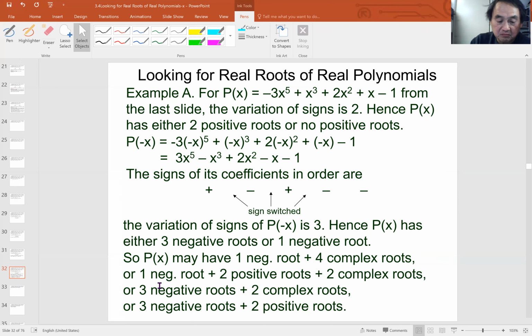And I could have all the other cases. For example, I could have all 3 negative roots and 2 positive roots. That's another possibility. So think about all these different possible cases.